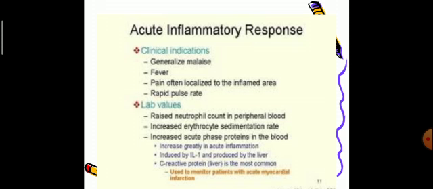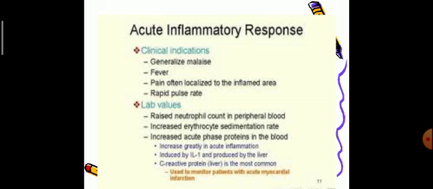Acute inflammatory response. The clinical indicators are generalized malaise, fever, pain, rapid pulse rate. There can be laboratory findings of inflammation, that is raised neutrophil count in the peripheral blood, increased ESR, that is erythrocyte sedimentation rate, and increased acute phase proteins in the blood, induced by interleukin-1 and produced by the liver.